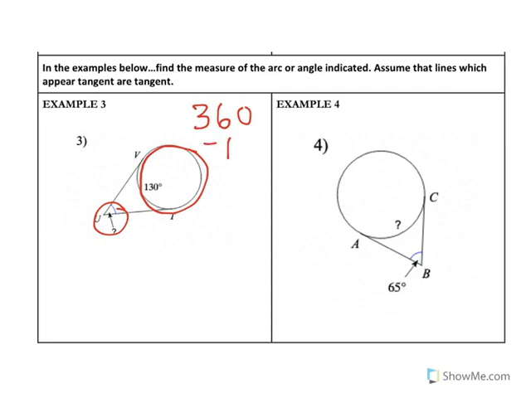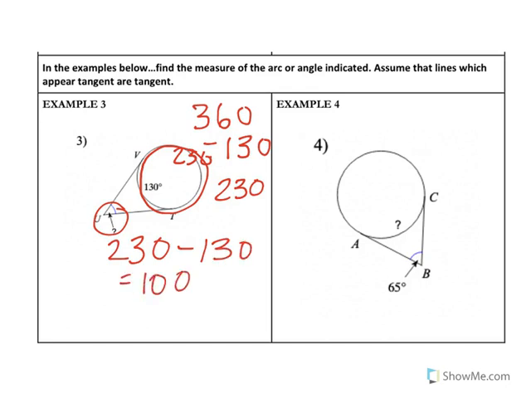So we would need to subtract 130 from 360 to get the other arc, the major arc. That's going to give us 230. So this one's 230, this one's 130. So we would subtract 230 minus 130, which gives us 100, and then we divide that by 2, which means that our angle is going to be 50 degrees.